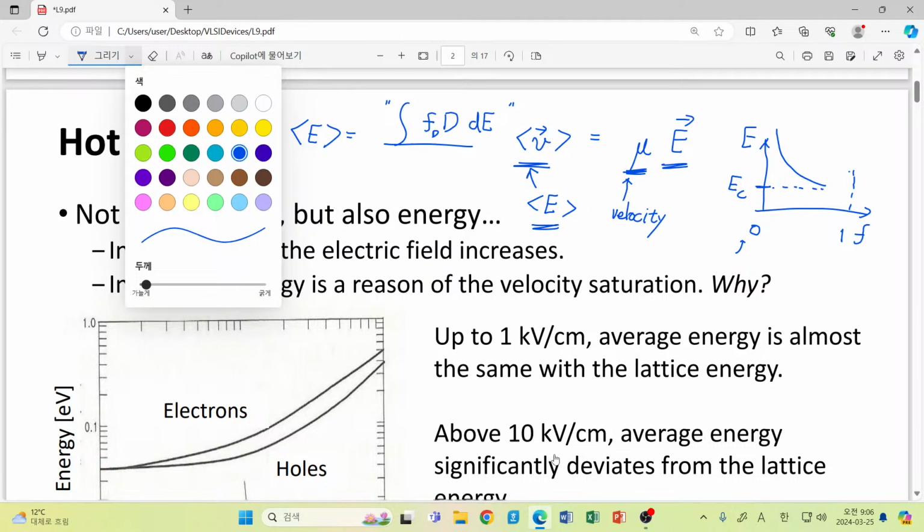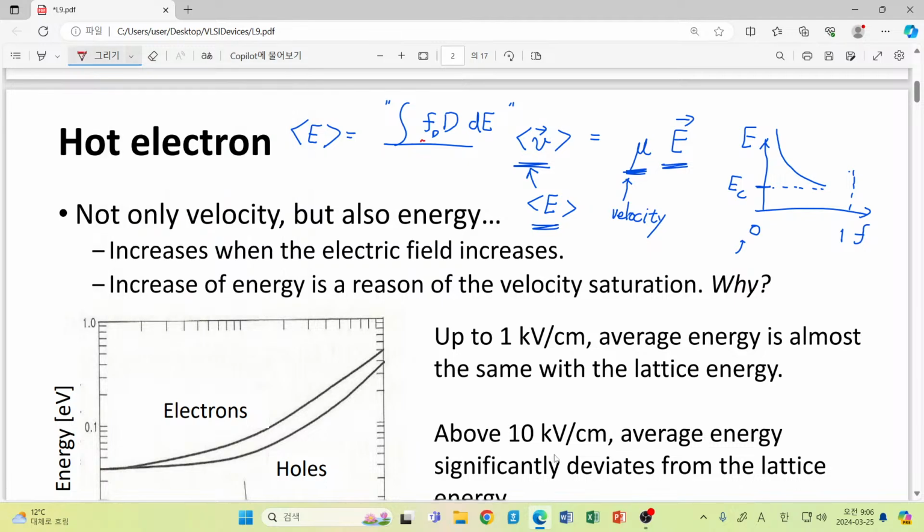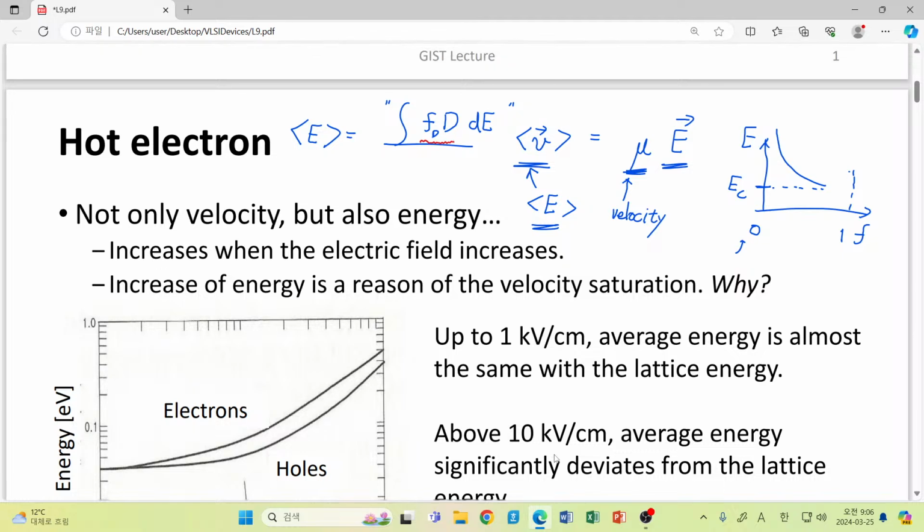Instead of just integrating this quantity, the distribution function FD times the density of states tells us how many states there are and how much they are occupied.